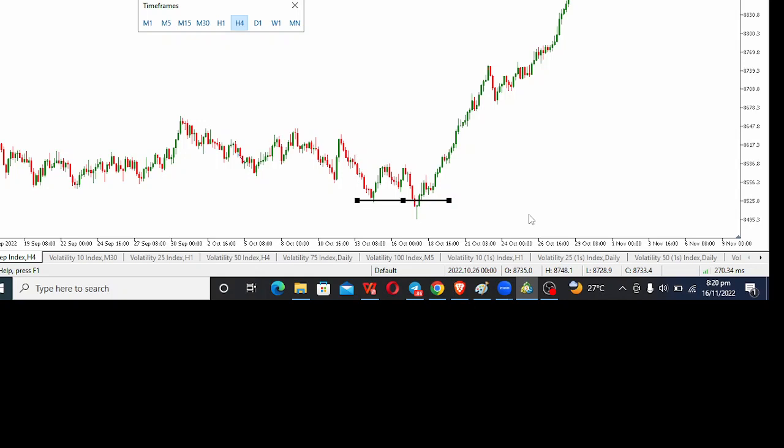And then the next candle, for the main confirmation, should be smaller than the previous one that broke through the support or the resistance. And it should also close below the previous one.